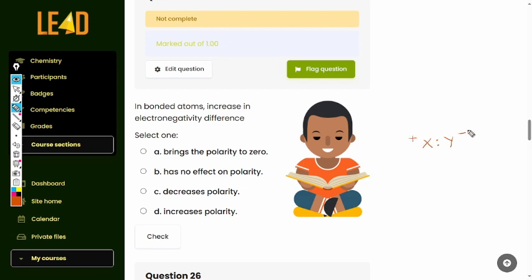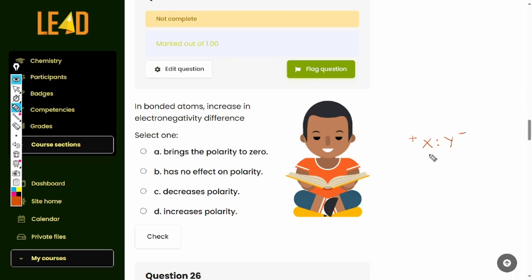This is what we call polarity, where in the same compound, one side is partially positive, the other is partially negative. This is different from an instance where you have separate ions. If they're sharing electrons and the sharing is not equal, you're going to have a polar compound.